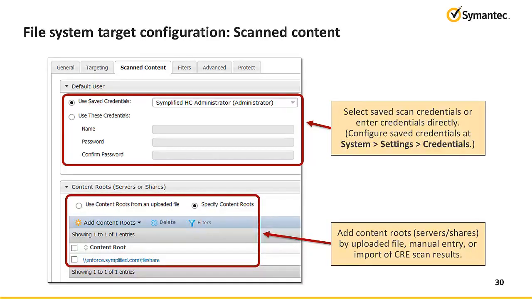From the Select a Content Root Enumeration Scan for Import drop-down list, select the scan you want to import, then click the Import button. Third, import a list of servers and shares contained in a text or CSV file by selecting Use Content Roots from an uploaded file. First click Upload File, browse to and select the relevant file, then click Upload File again.